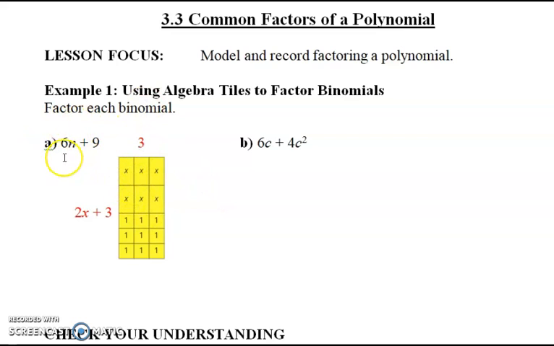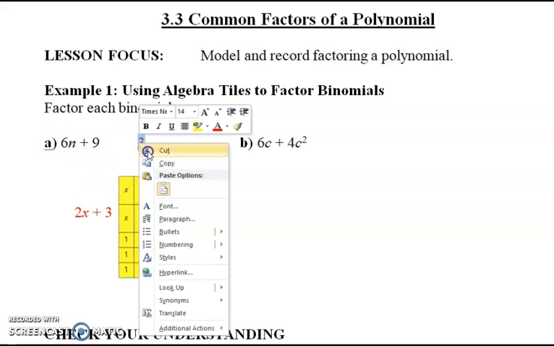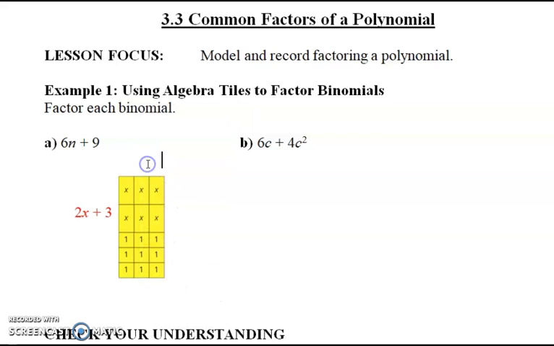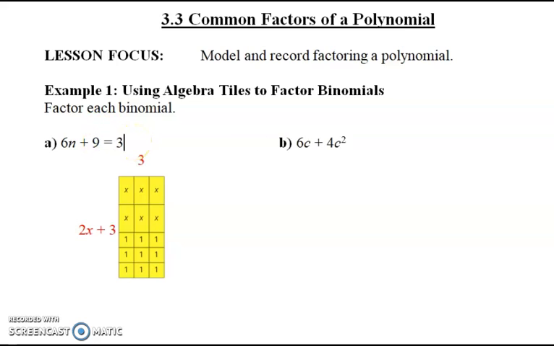So we can now say that 6x plus 9 is equal to 3 bracket 2x plus 3.